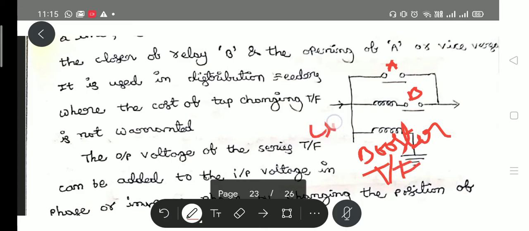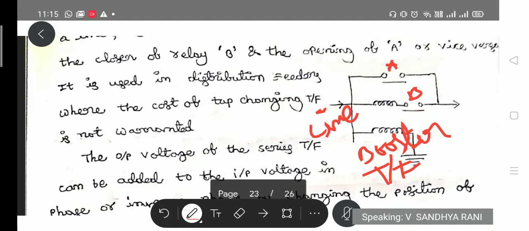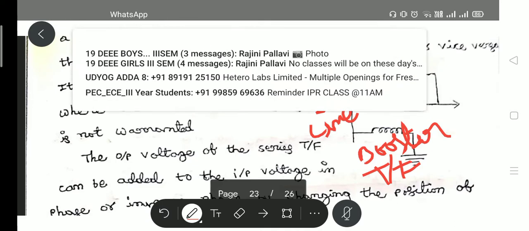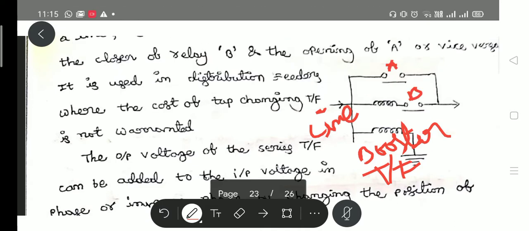This is the line. These two are relays. Whenever we want to increase the voltage, we first close the relay B, then open the A. Otherwise we can close the A and open the relay B. Then we can increase the voltage in a boost transformer.